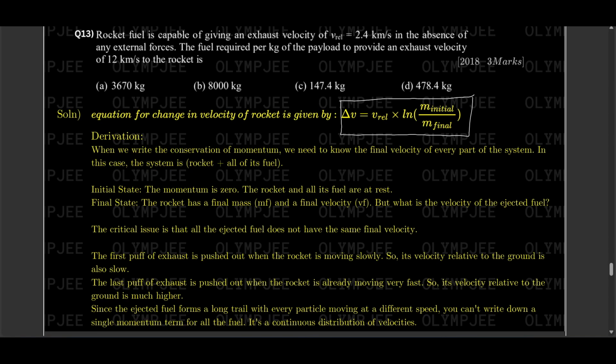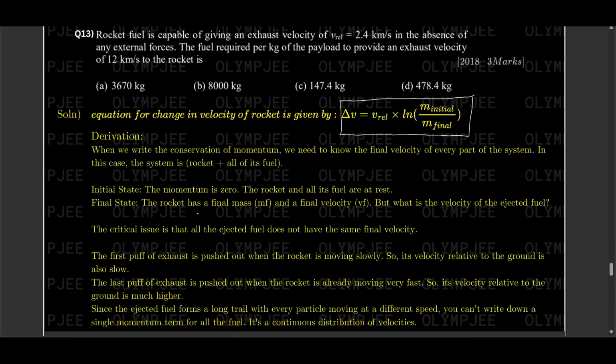This is derived using conservation of momentum, and when we write the conservation of momentum we need to know the final velocity and initial velocity of every part of the system, right? In this case, the final system is the rocket plus all of the fuel that it has and all of the fuel that it has lost in space. The initial momentum is 0 since the rocket is starting from 0 and has all the fuel inside it.